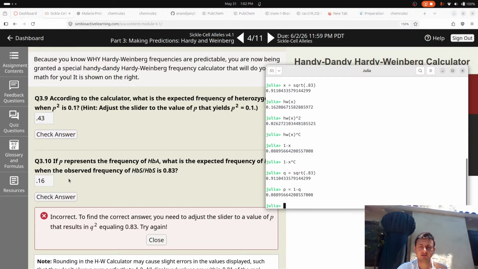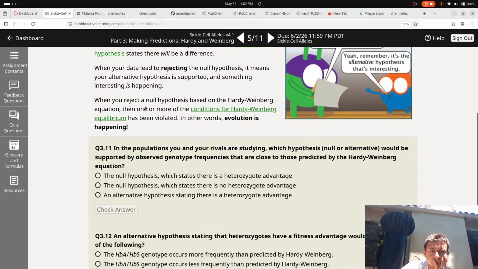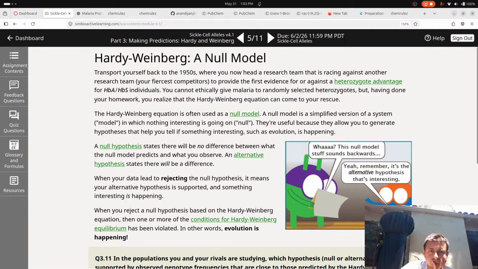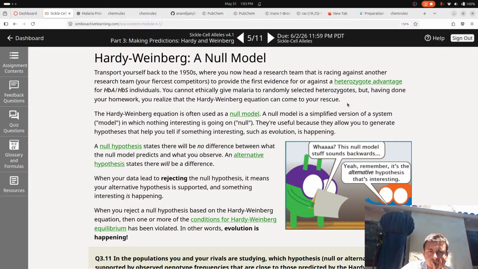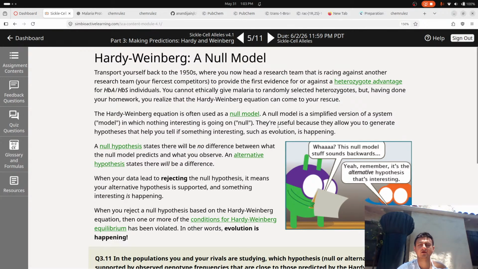So P is equal to 1 minus Q. So P squared. Oh yeah, that actually makes sense.